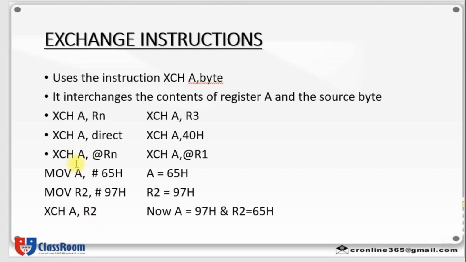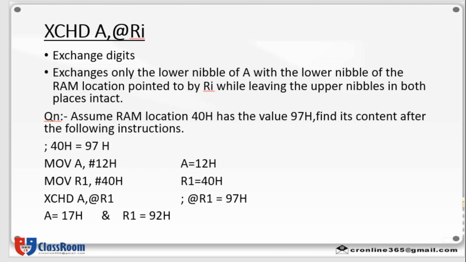That means A will be having the content 97H and R2 will be having the content 65H. Hope you understand how this exchange instruction is performed. Then, next exchange instruction is XCHD A comma @Ri.